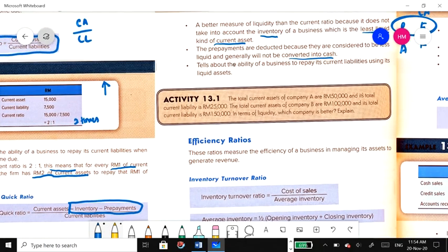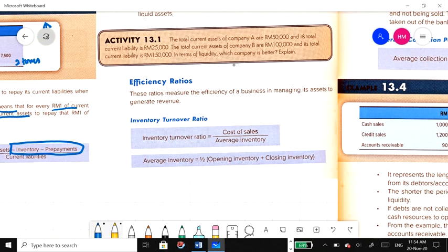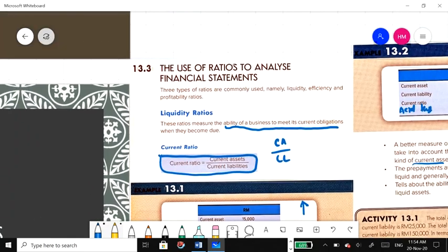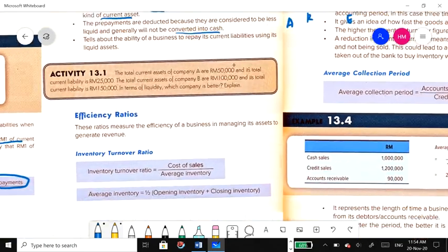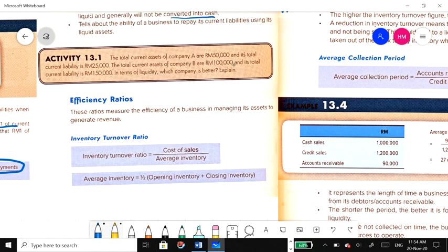Okay. So next kita akan tengok kepada efficiency ratios. This ratio measure the efficiency of a business in managing its asset to generate revenue. Kalau tadi, dia measure company punya ability to meet its current obligation, untuk bayar hutang. Sekarang ni kita nak tengok efficiency of the business untuk convertkan dia punya asset kepada revenue.